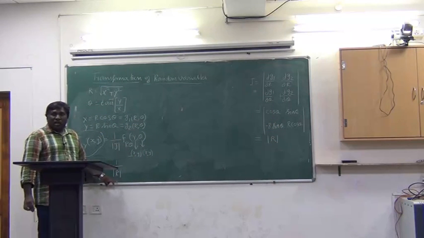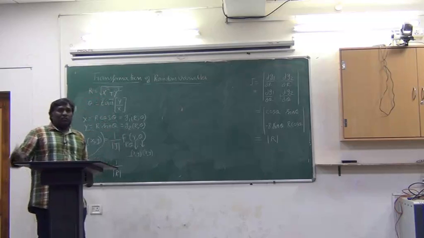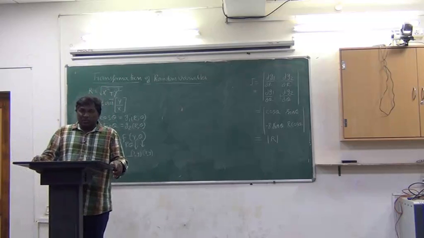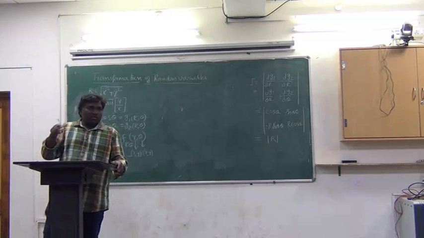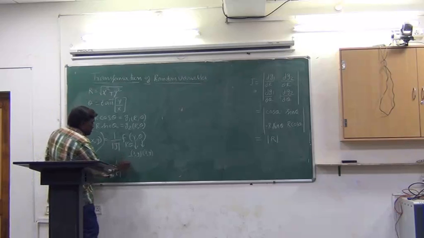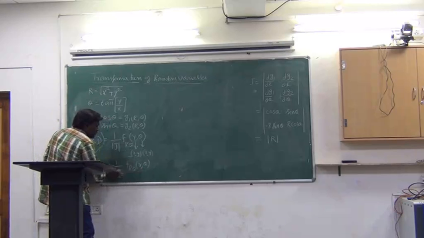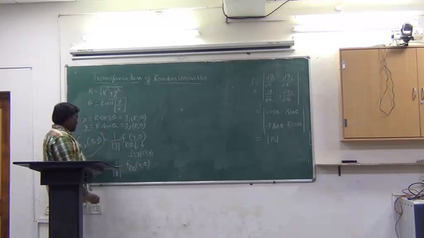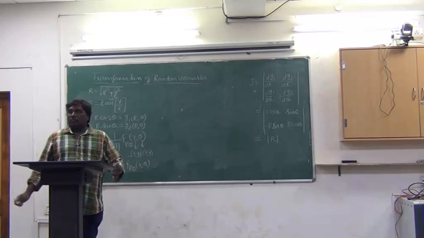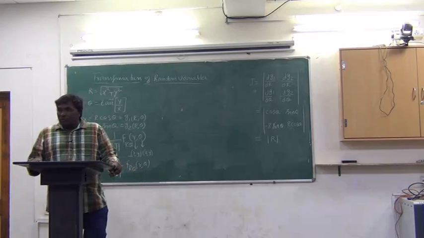But we know what r is, right? The magnitude of r is root of x squared plus y squared, but take the positive value. So that's what we need to put here. So I'm writing f_R theta of r comma theta. In fact, if I put small r here, you know what that r is. Lowercase r is root of x square plus y square, and theta is tan inverse of y by x.